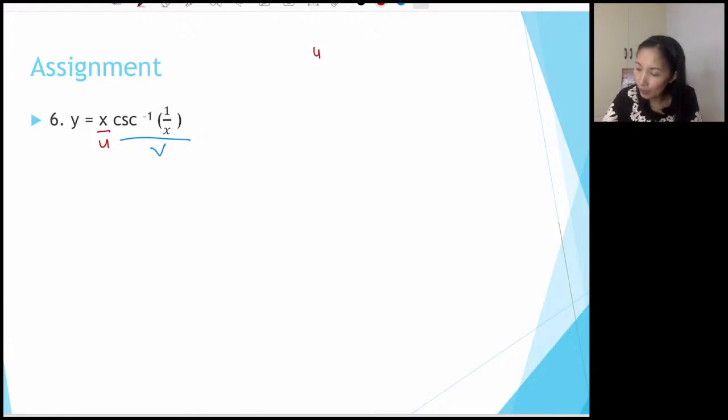Okay, so your u is equal to x. This is supposed to be assignment, but I want that we answer it together. Instead of number 6, you answer number 5. Okay, so u is equal to x, and your v, let your v be arc cosecant of 1 over x.